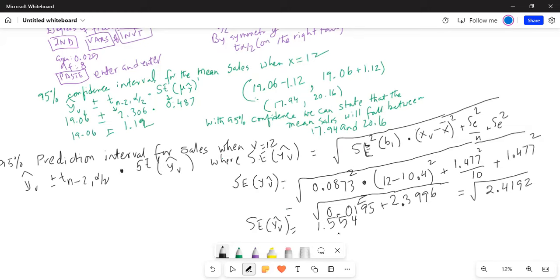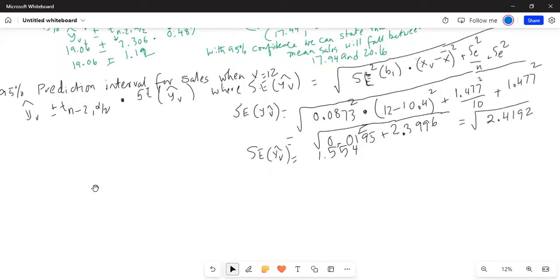So we can do a 95% prediction interval for a single value of y. The predicted value when x is equal to 12, we already predicted, is 19.06.